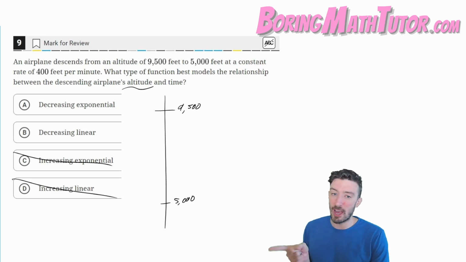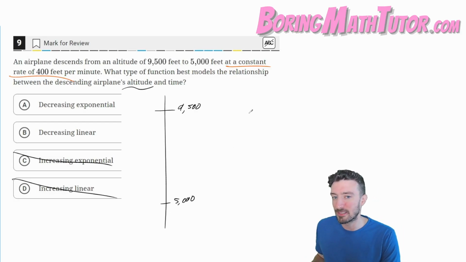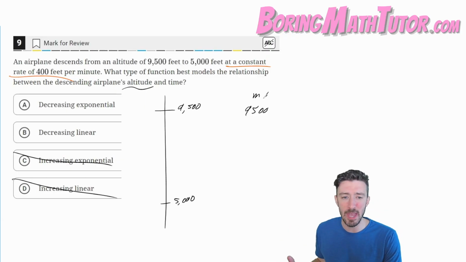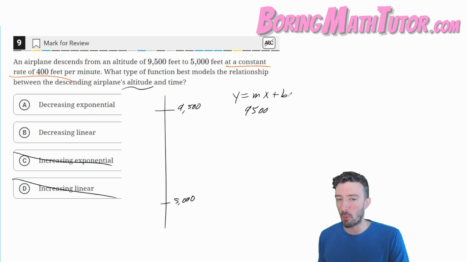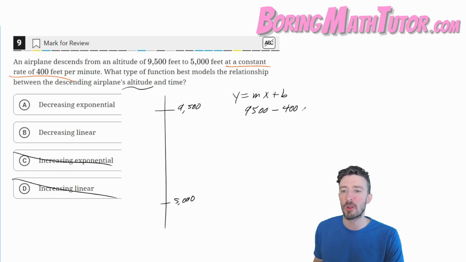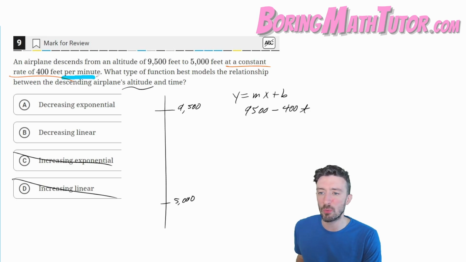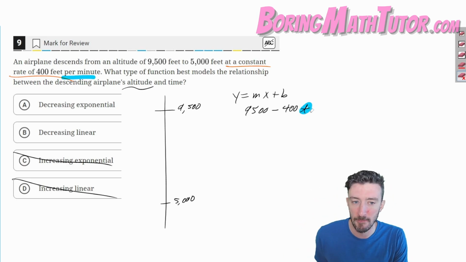Well, if you've got yourself a constant rate, then that means you will be able to put it into the form of mx plus b. In this case, instead of writing something like y equals mx plus b, I could write 9,500 minus 400t, where t will represent the number of minutes that I've waited.